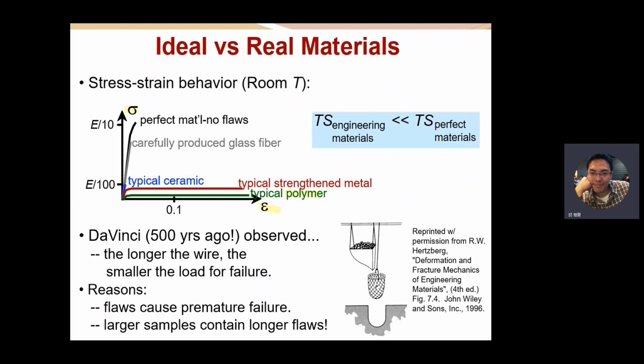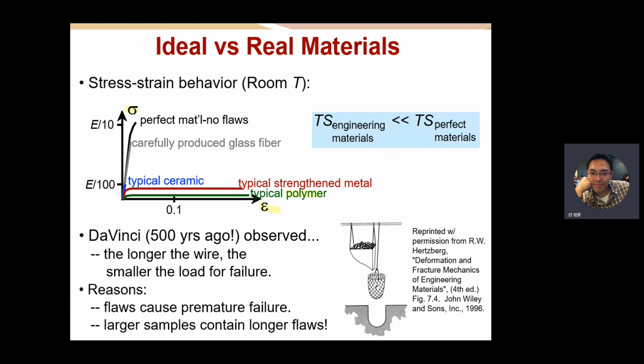And these defects, cracks, or flaws are different from those such as the point defects that we already mentioned previously. That's totally different. In this case, the flaws are from a macroscopic point of view, but the defects we mentioned previously, like point defects, are from a microscopic point of view.